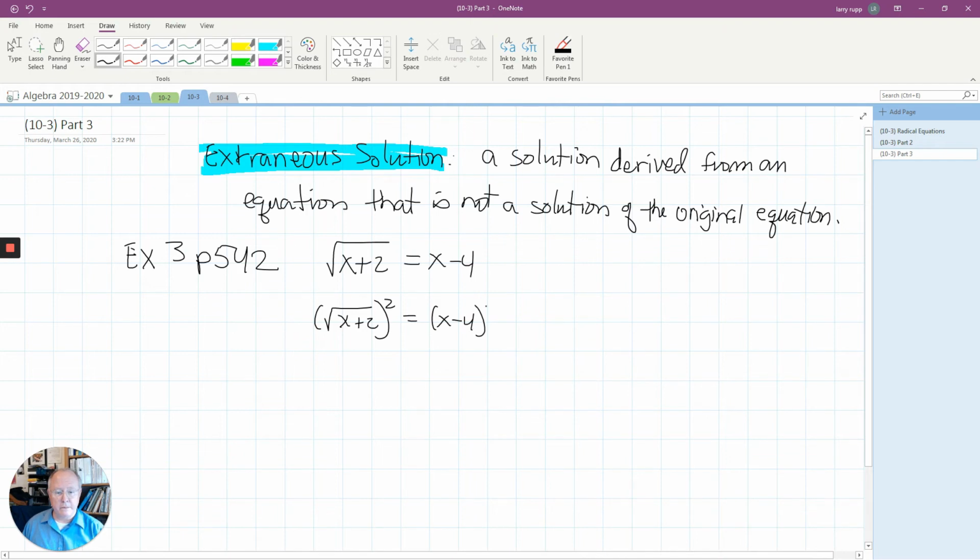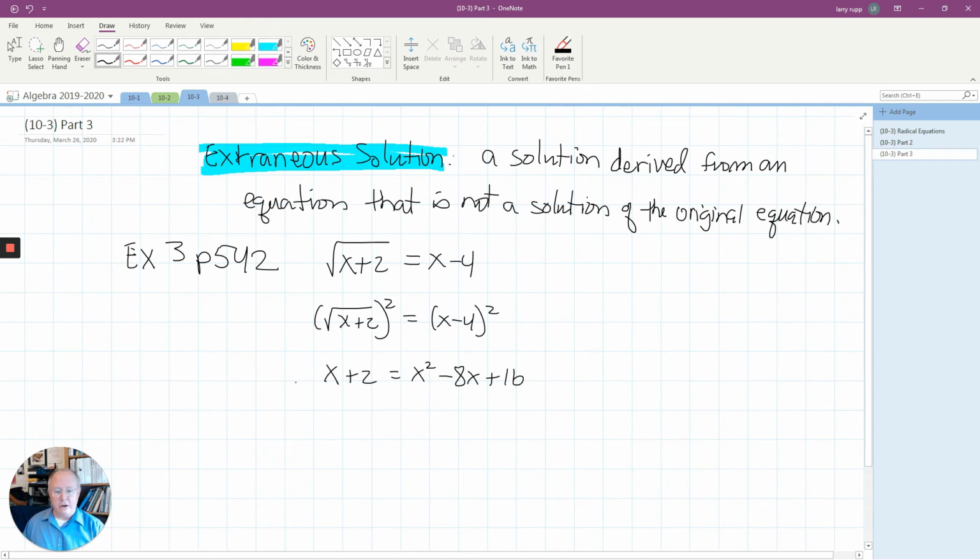Just like that. Huh, how about that? When we square a radical sign, whatever's under the radical sign just comes out. Okay? x plus 2. And that's going to be equal to, you guys should be able to do this in your head now, x squared minus 8x plus 16.